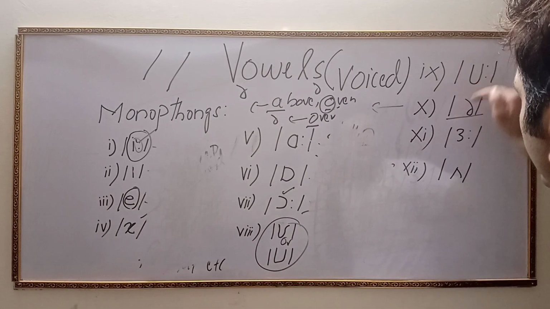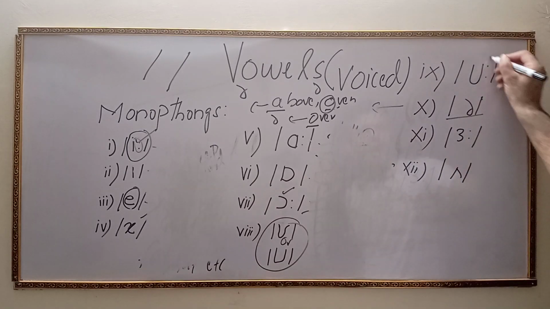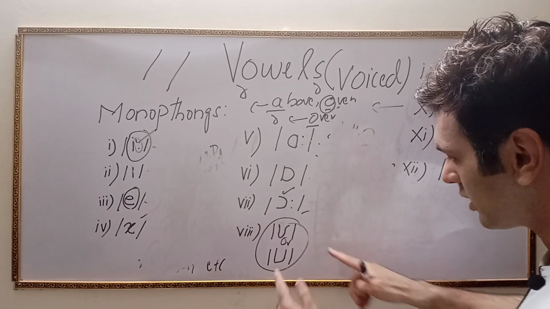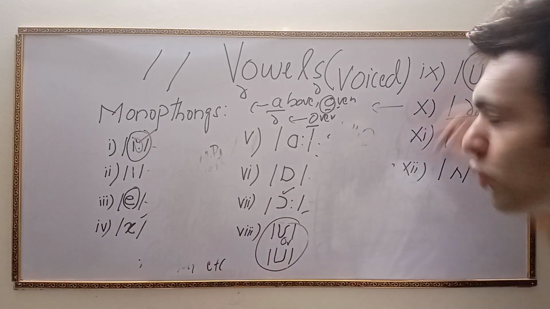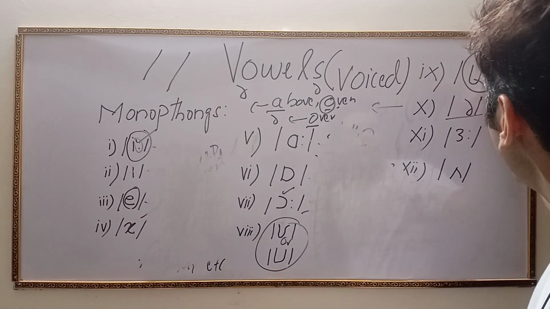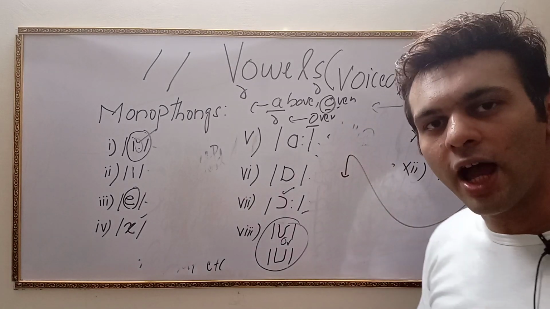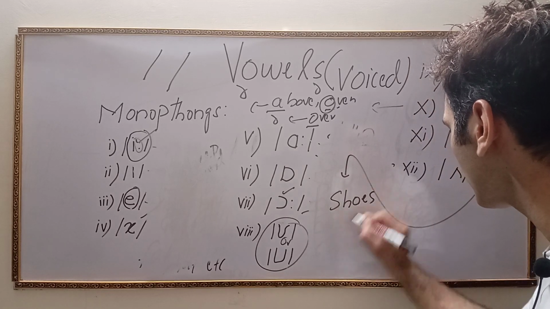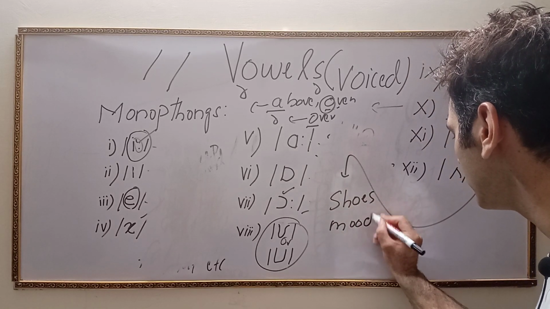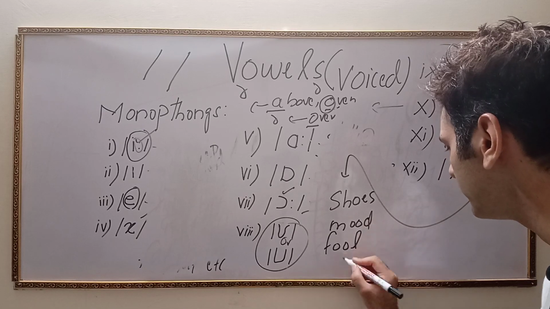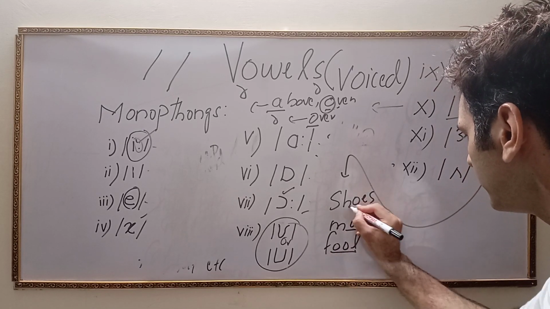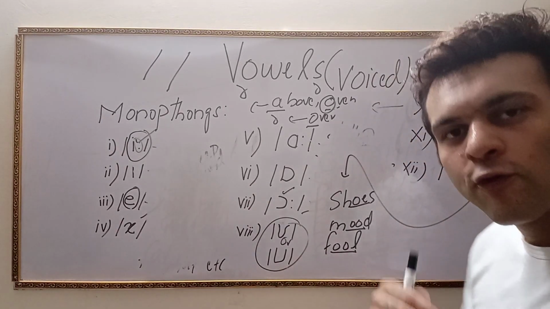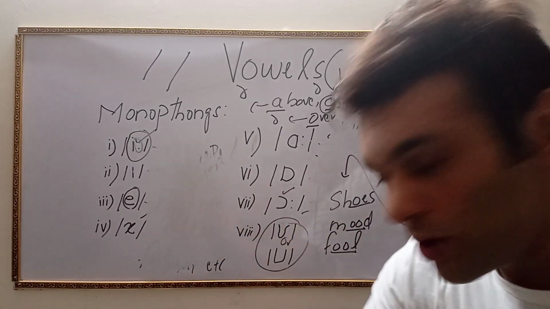I have mistakenly missed this one. It's a long vowel, and let me explain this as well. These two are just the opposite. This one is a short vowel and this one is a long vowel. We represent this particular sound in words like shoes, mood, fool, rule.